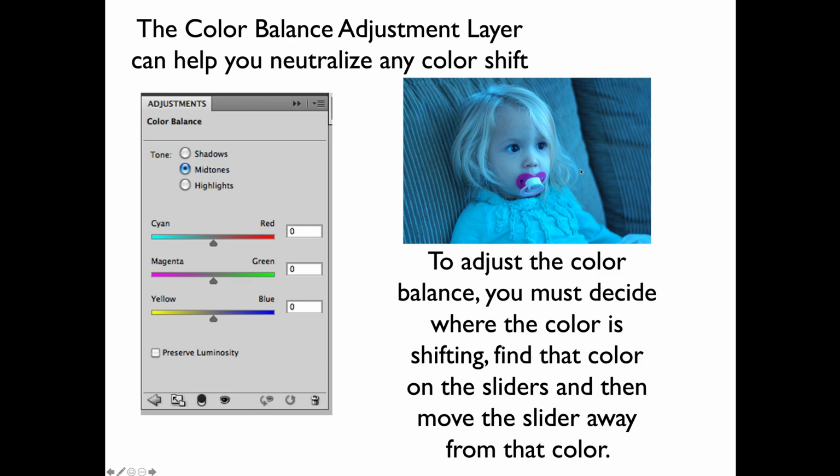Cyan is like a bluish green. You can see it very easily because there are a lot of neutrals in this picture. Her hair is kind of a light yellow, and the couch is actually gray. So you can very easily see what the shift is. You have to decide first, how is it shifting?